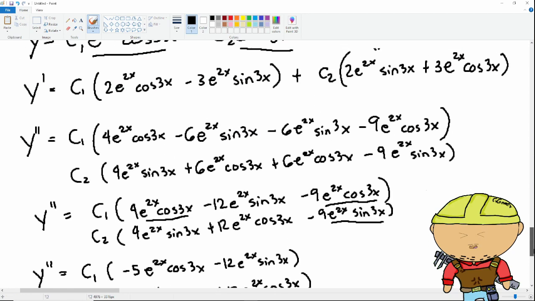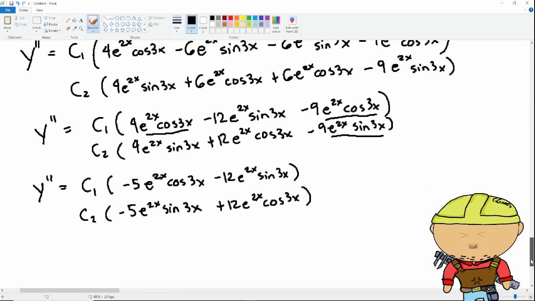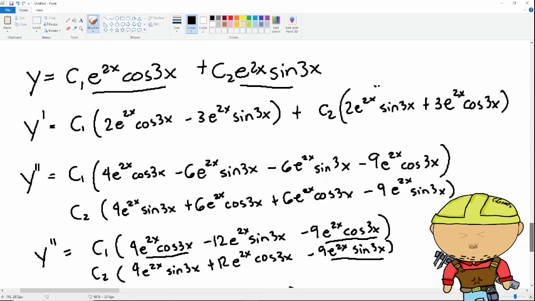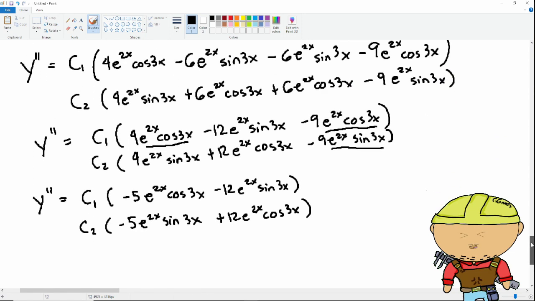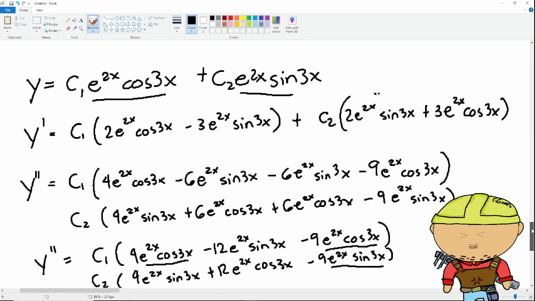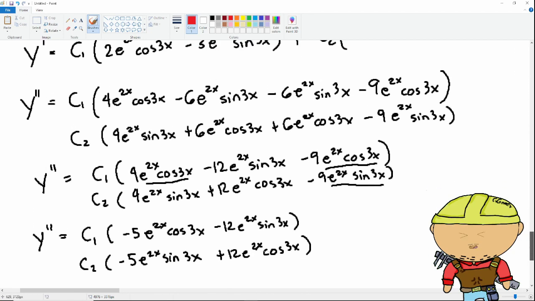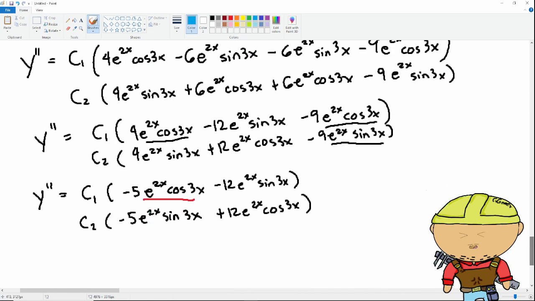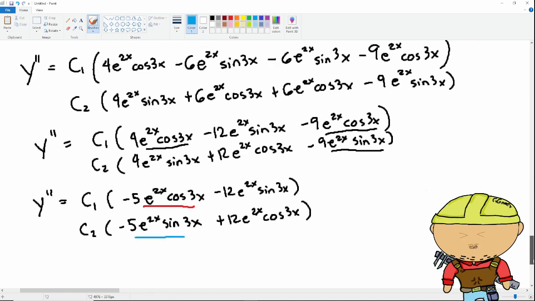So in order to eliminate our C1 and C2, I could eliminate using y because they have the same terms: e to the 2x cosine 3x and e to the 2x sine 3x. For C1, e to the 2x cosine 3x, they have the same term. I'm going to highlight this one with this one. We can eliminate that value.